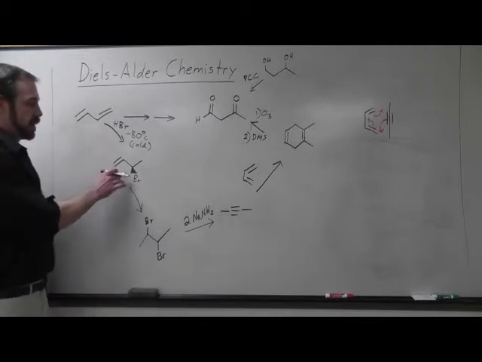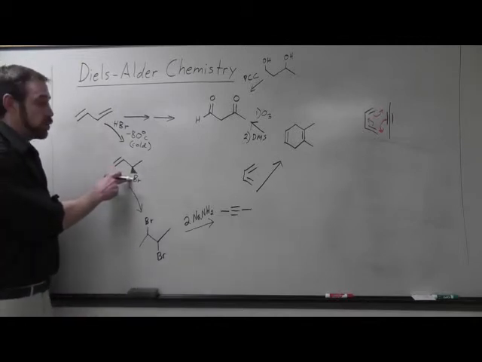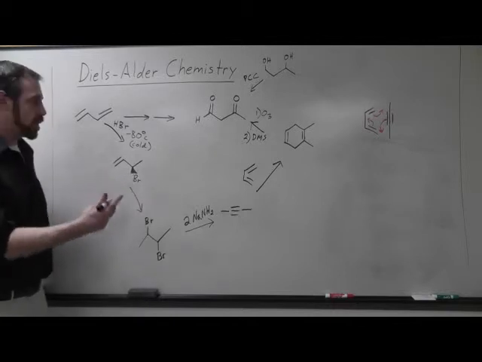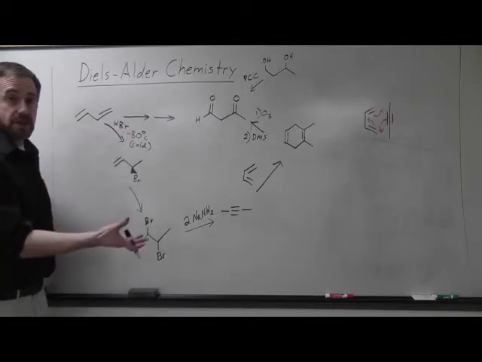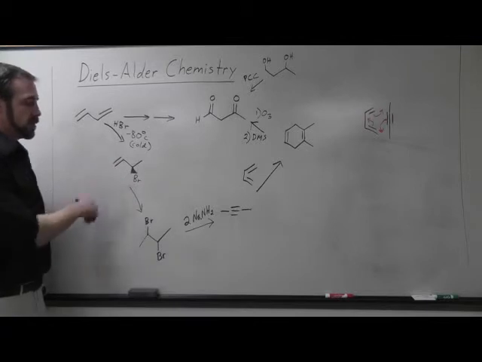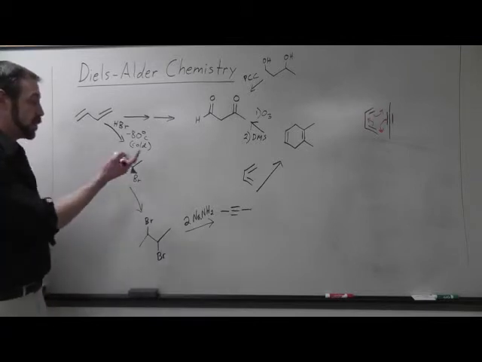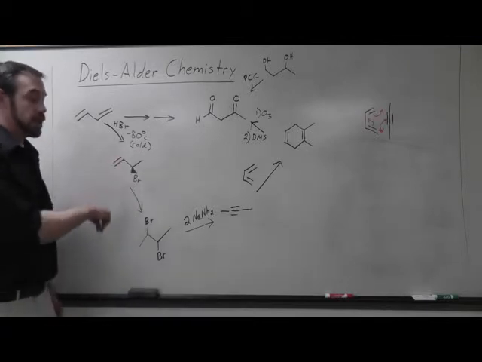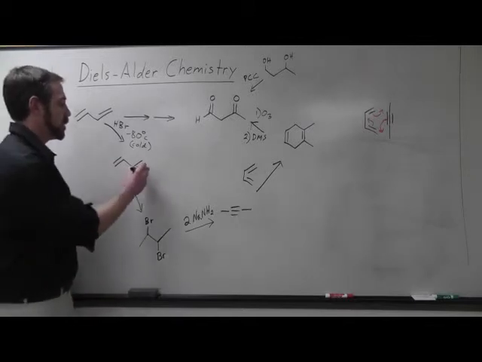Once we've formed this initial 1,2 product, the kinetic product, if we had more HBr available, then that could react here in classic Markovnikov fashion to put the bromine on the more substituted carbon.